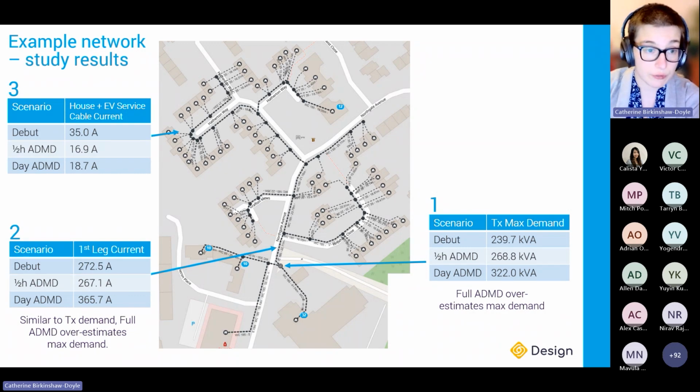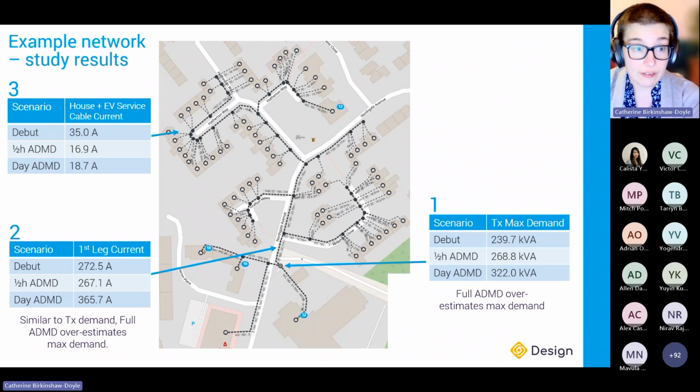All nice and straightforward. The half-hourly ADMD approach is very similar, except it accounts for the slight non-coincidence of maximum demand. The EV demand is still high at the time of maximum house demand and vice versa, but they're not quite at their maximum at the same time, which is why this middle model is slightly lower.